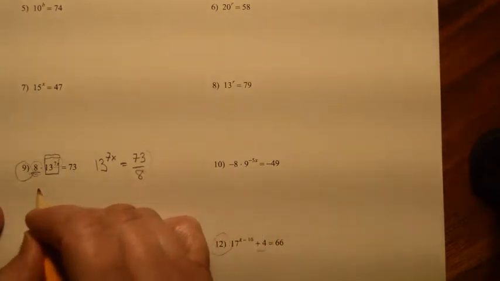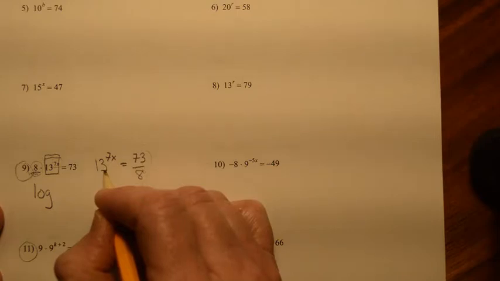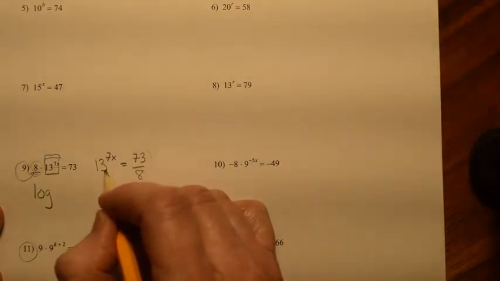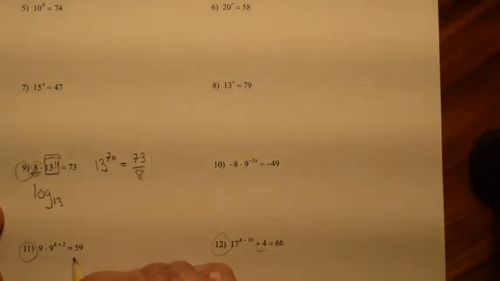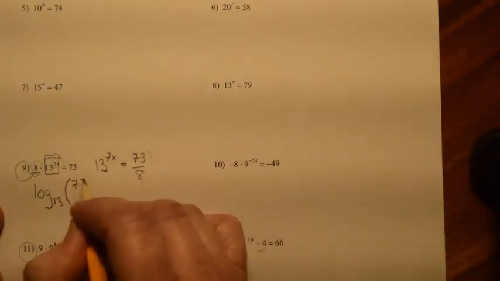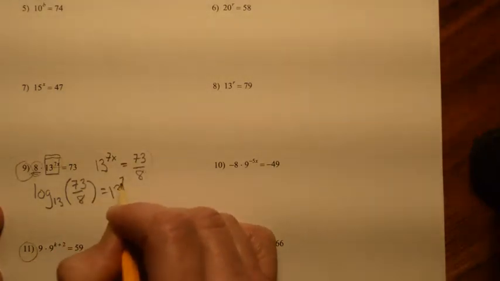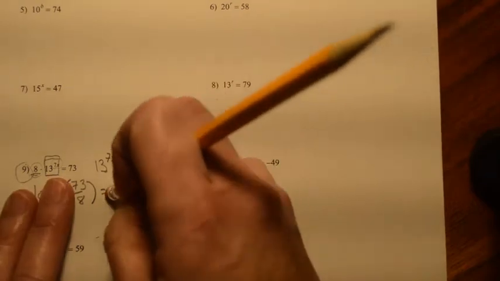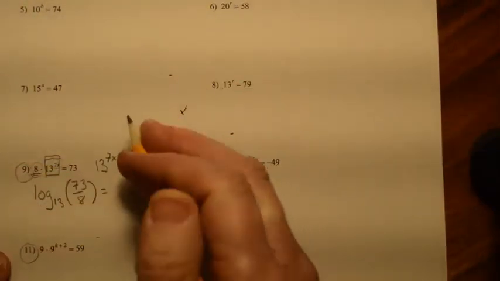All right, so we're going to rewrite it as a log. This is the base of the exponential, so it becomes the base of the log, and then these two flip-flop. So it's going to be 73/8 equals 13 to the 7x. Oh, sorry, no, 7x. We already used up the 13.